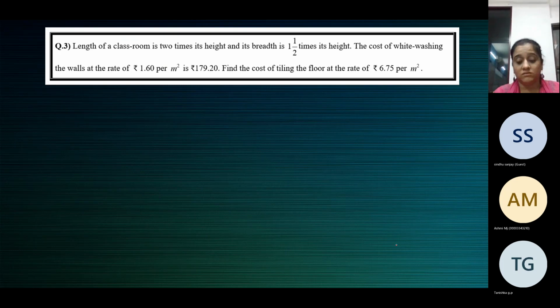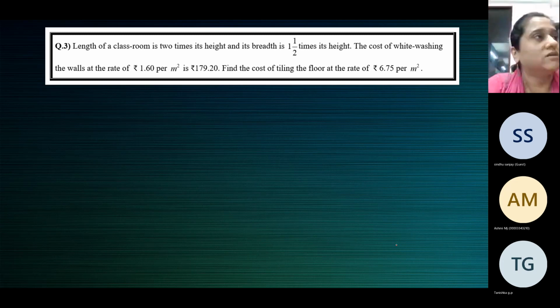So now tell me, when you find the area of 4 walls using the formula 2h into L plus B, does the area include the area of the doors and windows or not? It includes. When you find 2h into L plus B, it is the area including the doors and the windows on the walls.